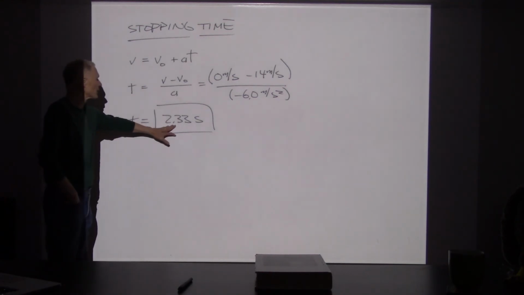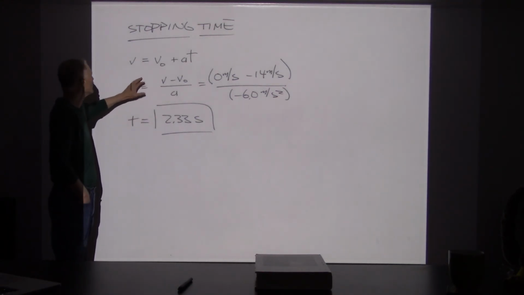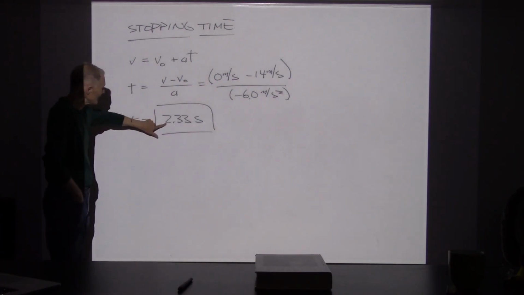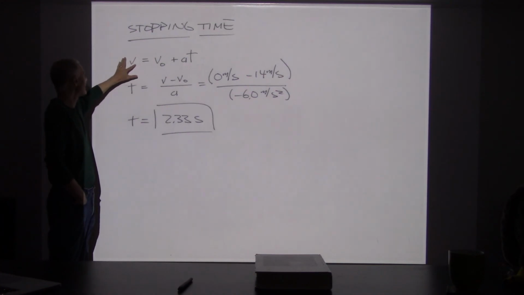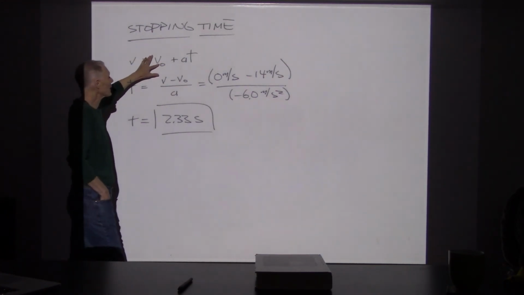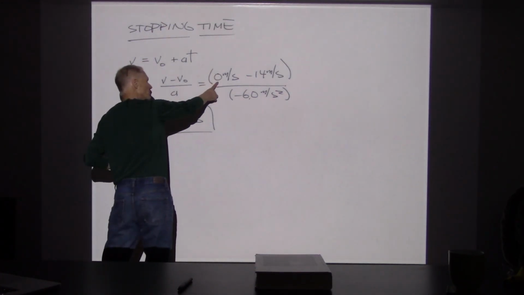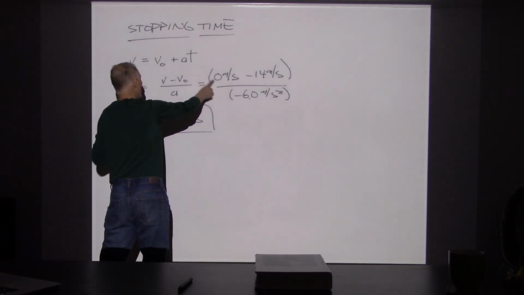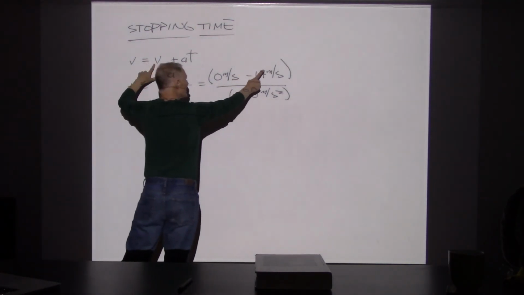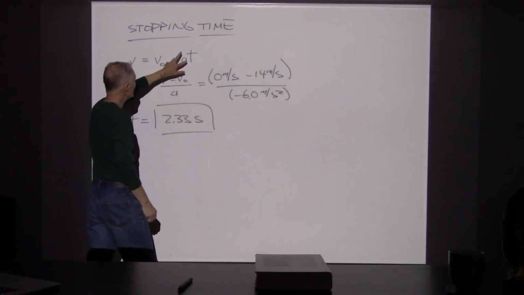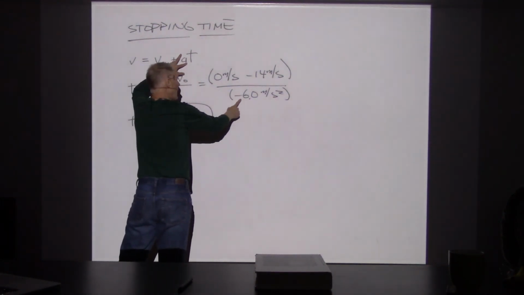I was curious, how much time did it take for the slowdown during the braking? The braking itself took 2.33 seconds, and I got that by taking the v equals v naught plus a t formula. Remember, when I stopped, my velocity is 0. So v is 0, v naught is 14, and the a here is minus 6.